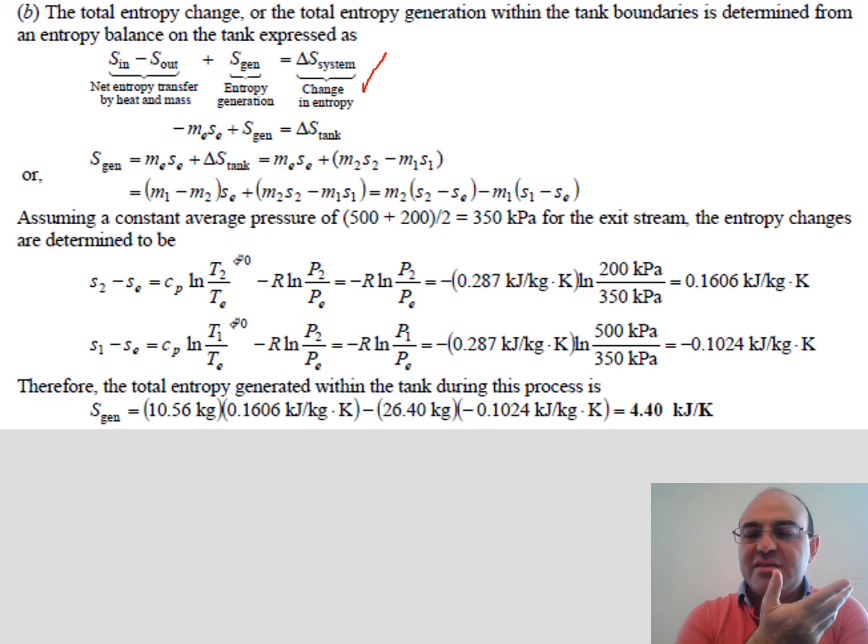There is no heat, there is no inlet, but there is work coming in, but that work doesn't bring in entropy. Entropy associated with work is 0. So entropy in is 0. How about entropy out? We do have an outlet, so entropy out is simply MeSe.